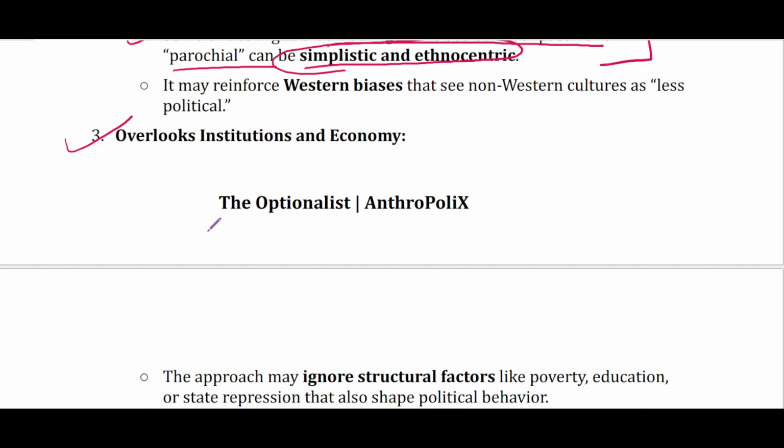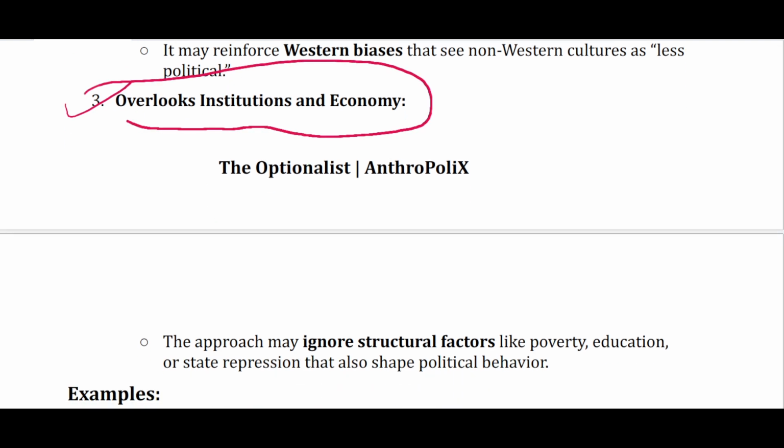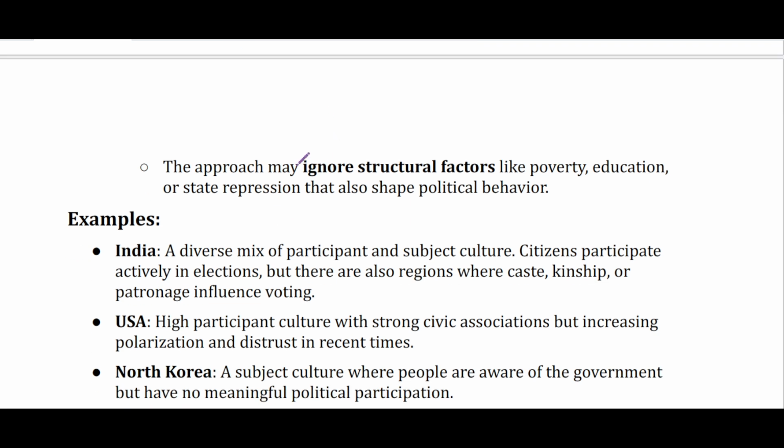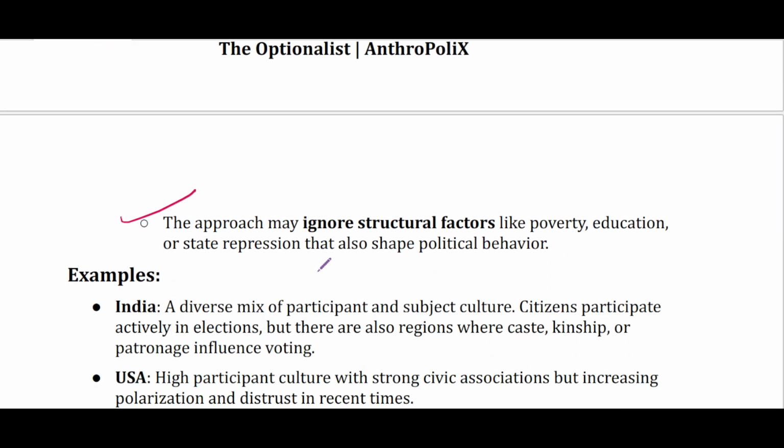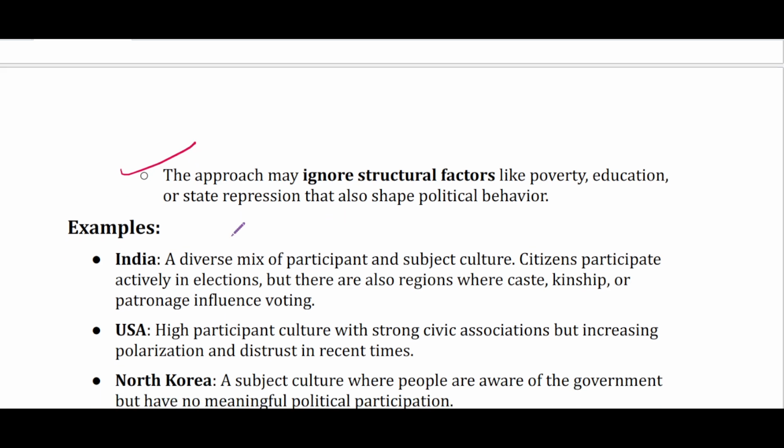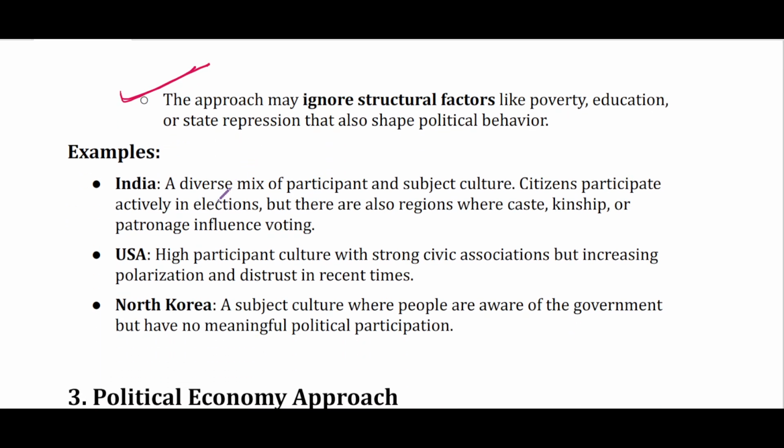Then this approach overlooks institutions and economy. Many formal institutions, government, democracy, parliament, such political institutions are ignored, and the role of economic forces is also ignored. So this is the next criticism.